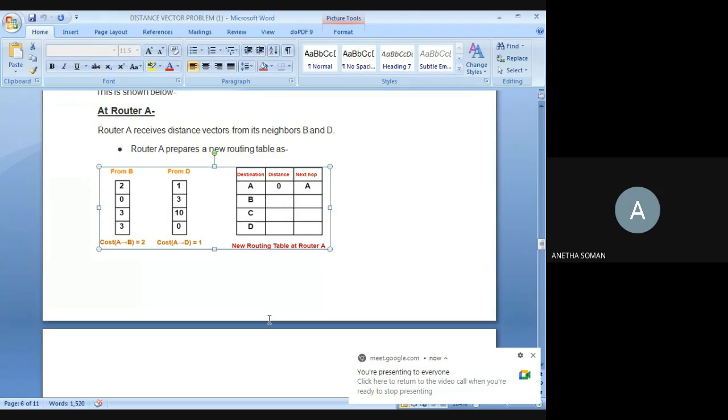Similarly, cost of reaching destination D from router A. Make it fast.